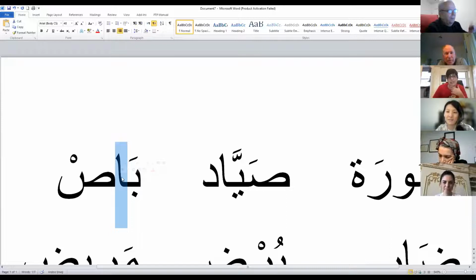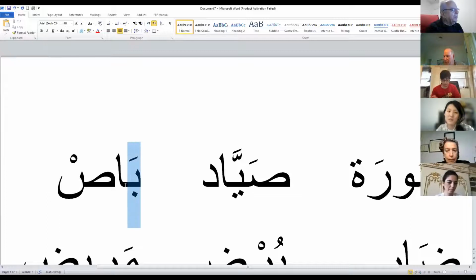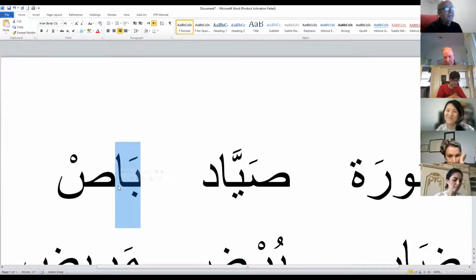Aleph. So this aleph makes a double vowel of the fatha. This is called fatha, which makes the sound a. So if we read these two letters together, it's ba, ba. Okay, very good. I'm telling you, I can read your lips very well.